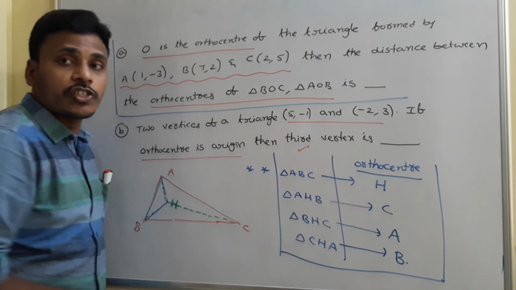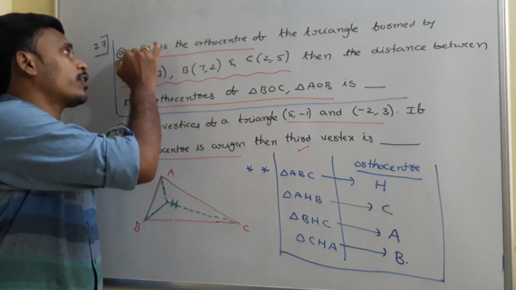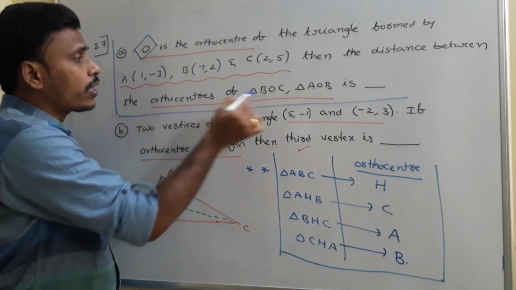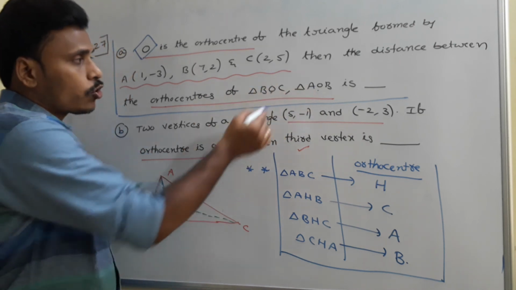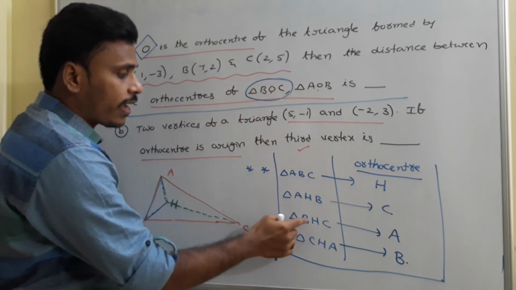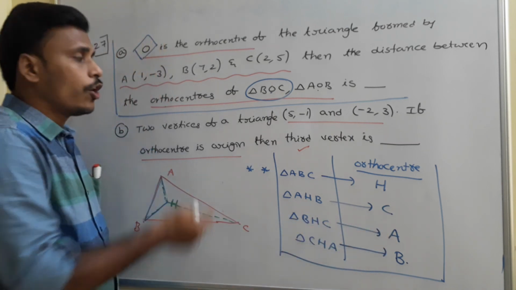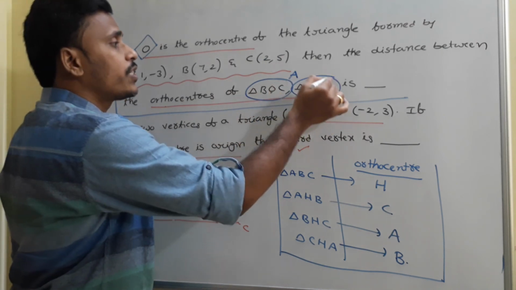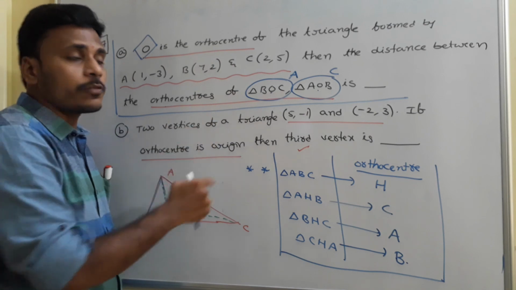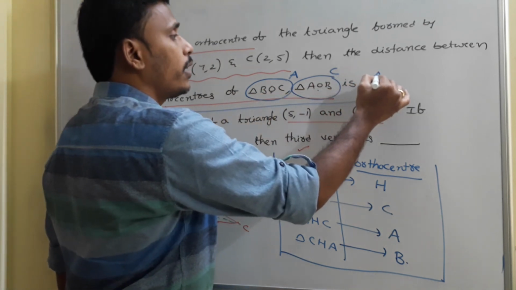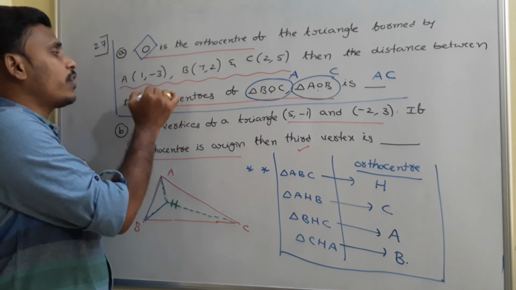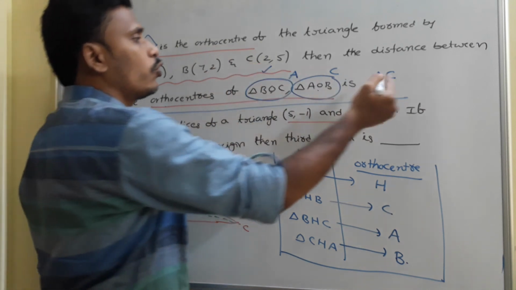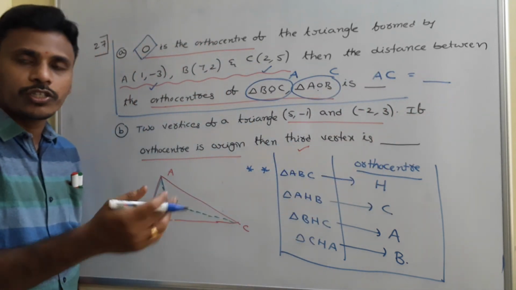Here I mentioned the orthocenter as H, but the question says orthocenter O, so just replace H with O. The distance between the orthocenters of triangles BOC and AOB: for triangle BOC, just like BHC, the orthocenter is A, and the orthocenter of triangle AOB is C. So we need the distance between A (1, -3) and C (2, 5). That distance is your answer. You just do it.